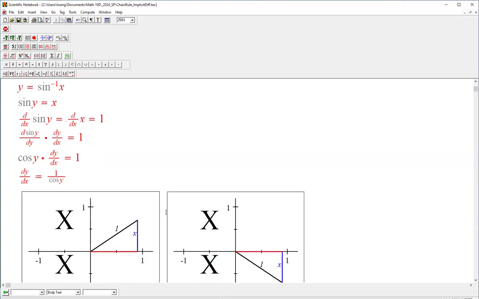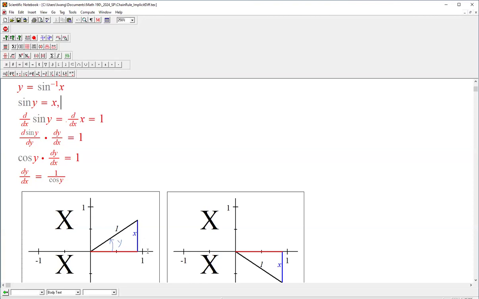So let's look at these two pictures again. Sine y is x, meaning the angle, so let me draw the angle again. If y terminates in the first quadrant, I'm going to insert that sine y equals x, right?